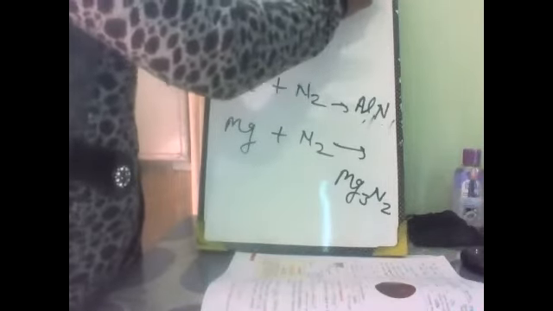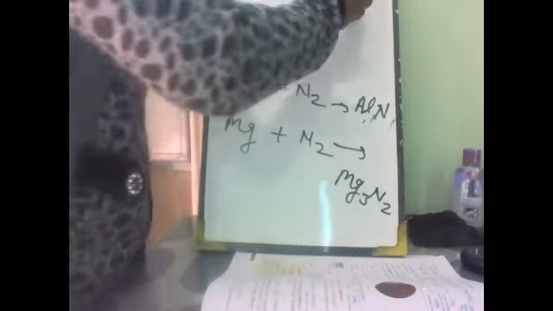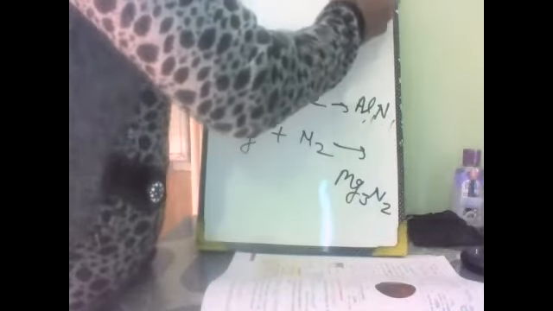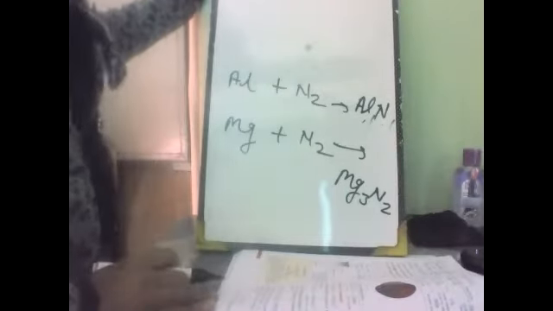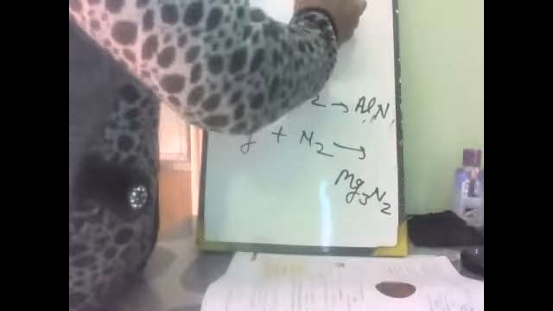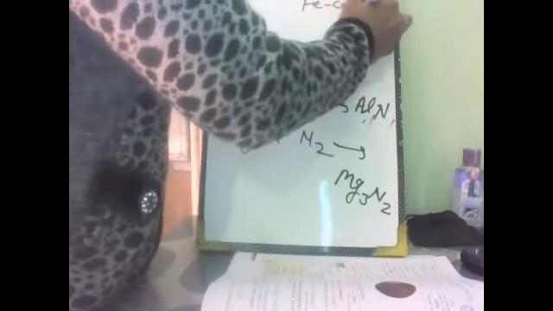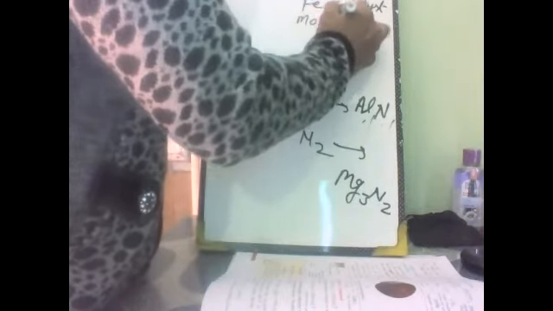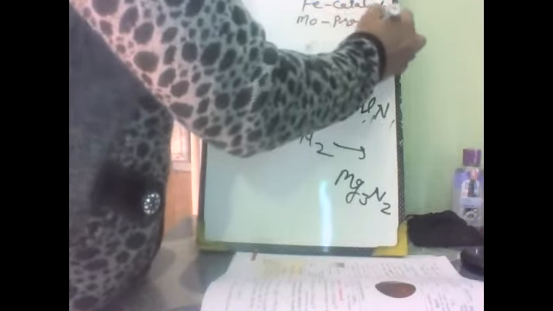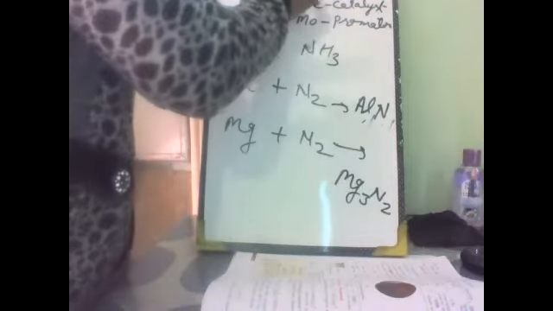The temperature is 450 degrees Celsius and the pressure is 500 atmospheres, with iron as a catalyst and molybdenum as a promoter, and it forms ammonia.